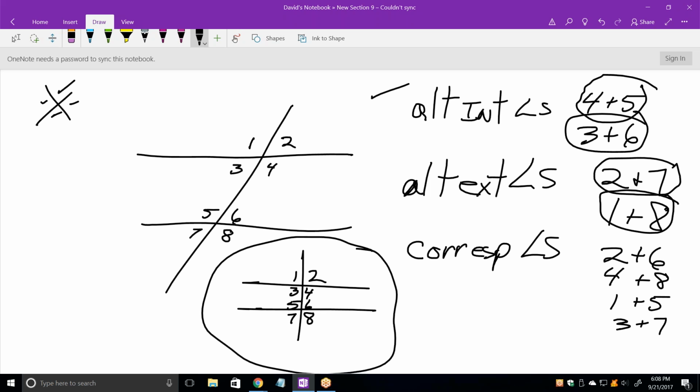And so if I gave you this picture that I've circled, I would know that 3 is equal to 6 without knowing which was the acute. In other words, I don't know which is the acute and which is the obtuse between 1 and 2. So I can't use that rule when I have a near vertical line.